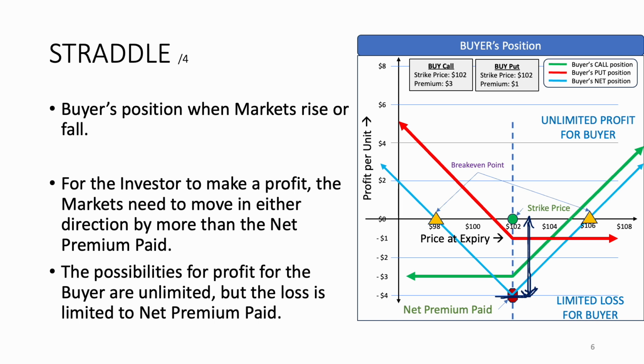That is quite impossible; it is only a mathematical possibility. The markets have to move in one of the directions sufficiently so that the profits can be generated. Till the markets move sufficiently, the buyer will suffer a loss. That is, he will be in this area.